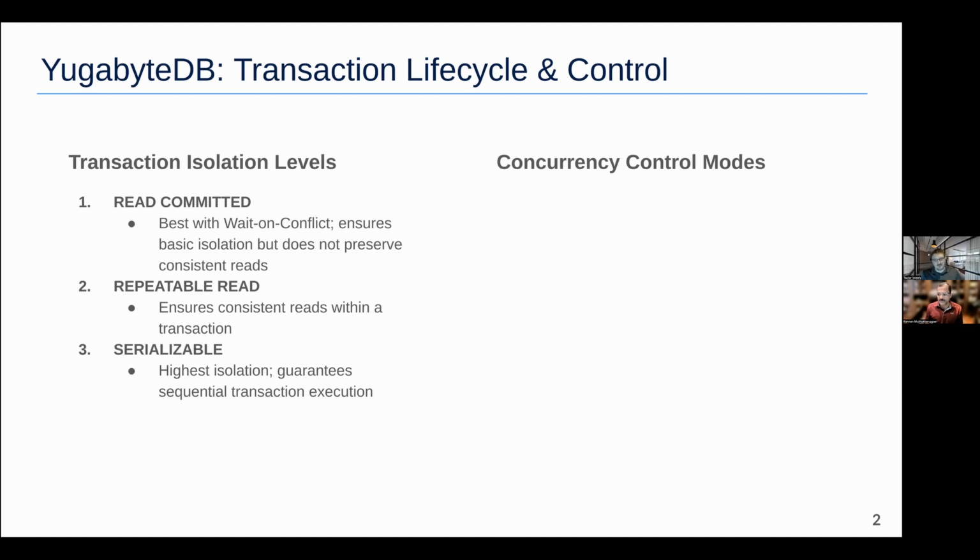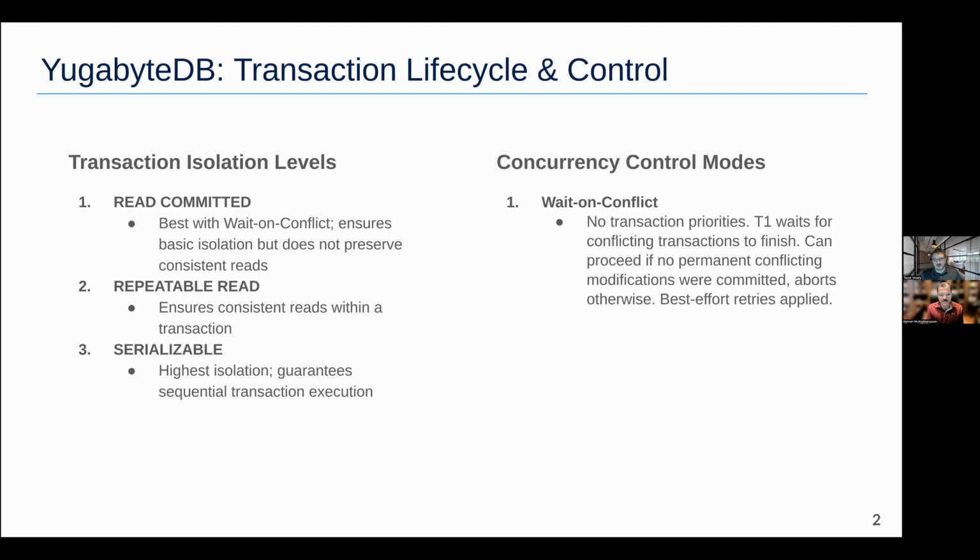We also have 2 concurrency control modes. We have a new control mode, wait on conflict. So a transaction waits for conflicting transactions to finish in the queue.